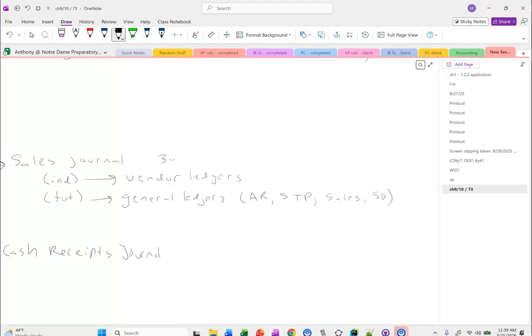And again, if you're not sure, typically in the system we've been working in, the vendor accounts are always 3-digit account numbers, and these general accounts where the totals go are 4-digit account numbers.